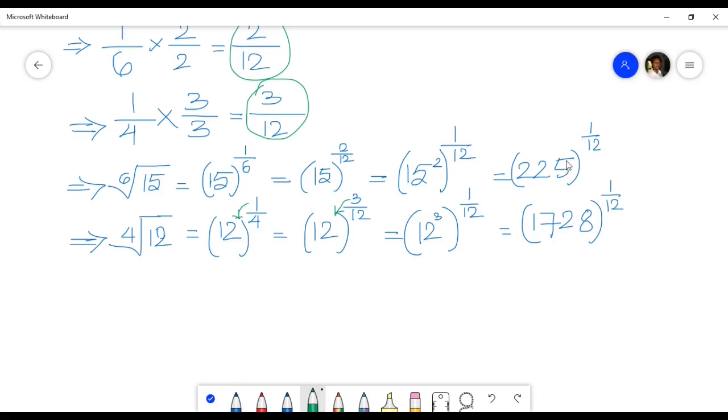We have just come close to getting the answer. Comparing these two terms, just looking at these figures, we can make out which one is the greater number, 225 or 1728, right? So 1728 is greater than 225, right?